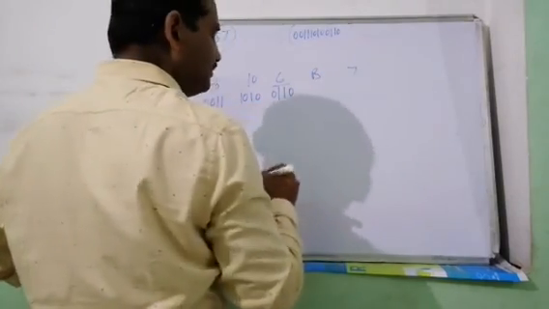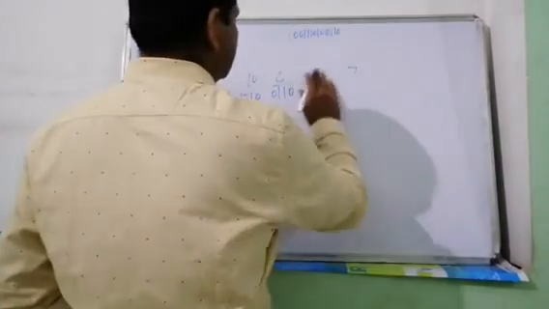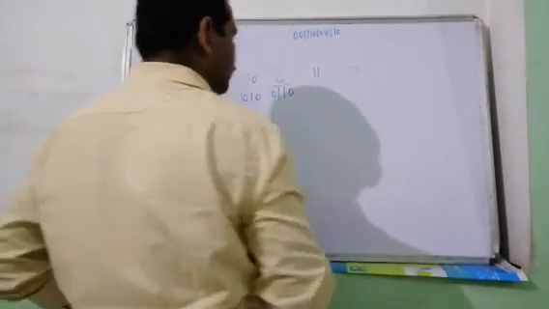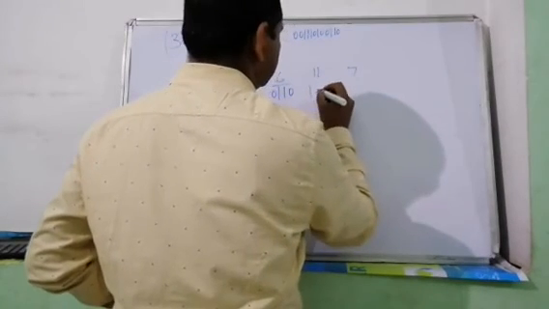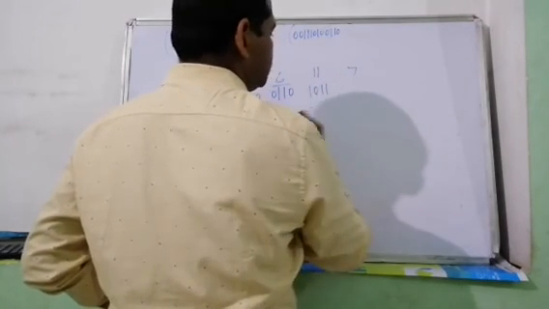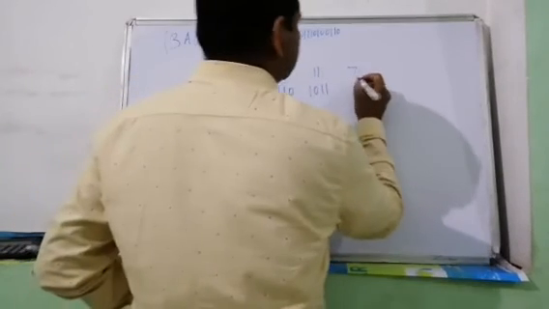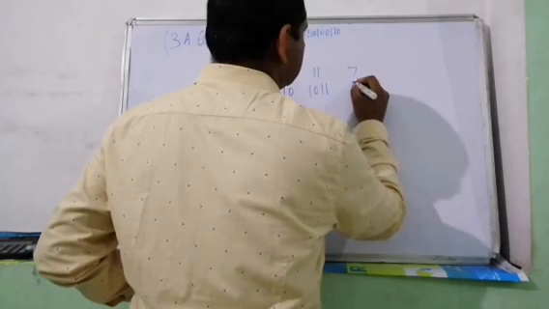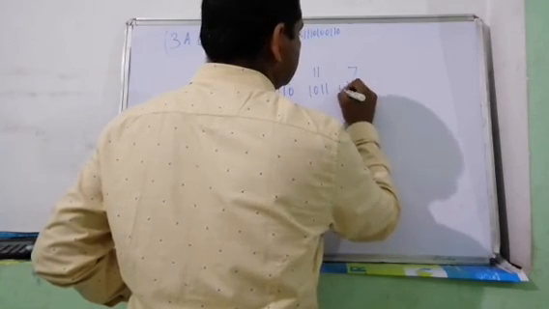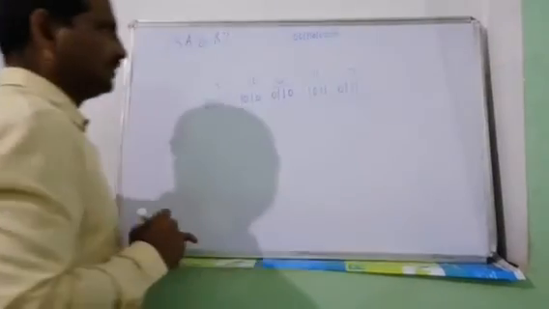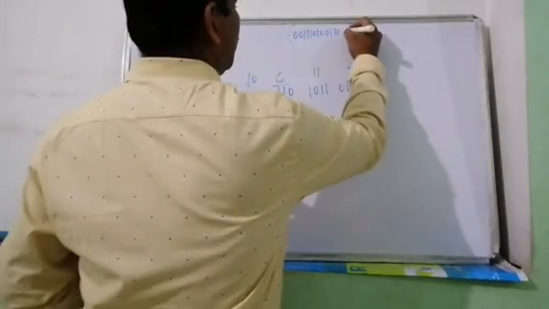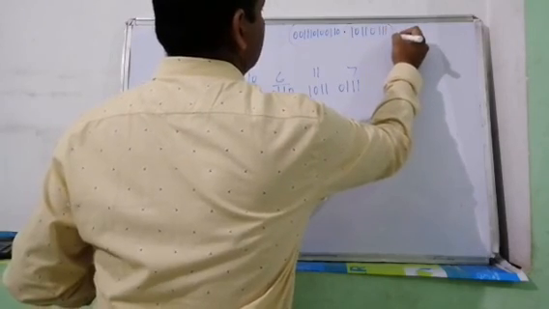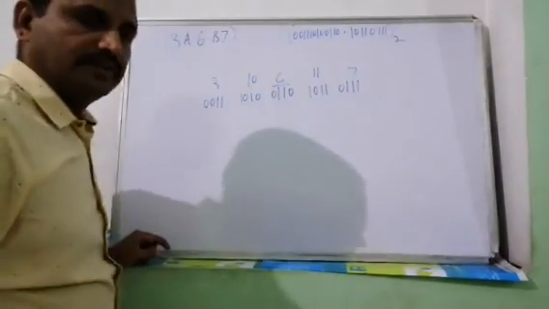B means 11, so we convert 11 to 1011. 7 is 0111. So it will be 0.10110111 in binary. So this is the way.